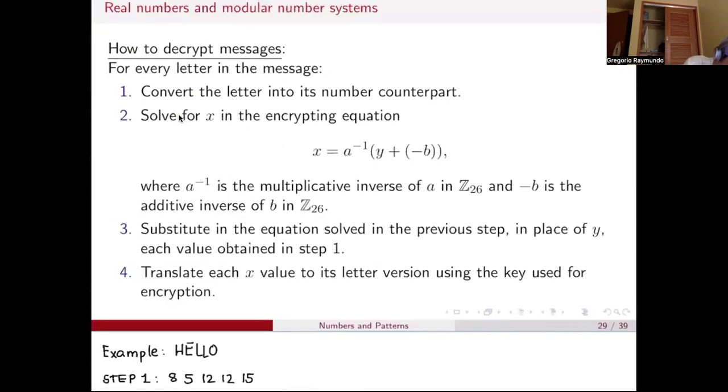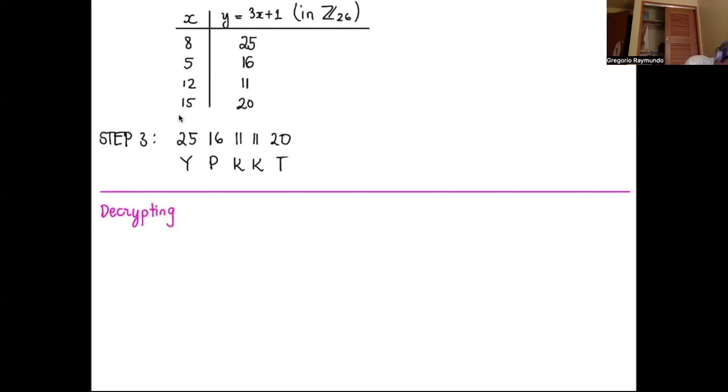So, step 1, convert every letter into its number, babaliterin natin. Step 1, Y, P, K, K, T. So, convert natin 25, 16, 11, 11, 20.